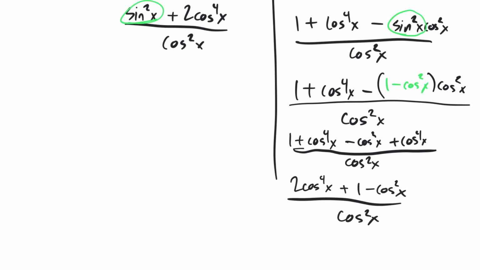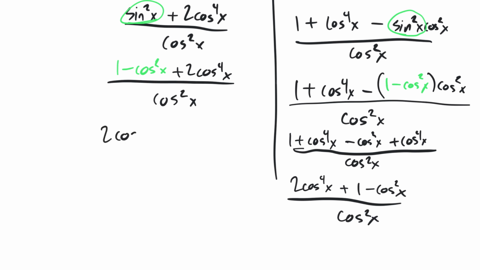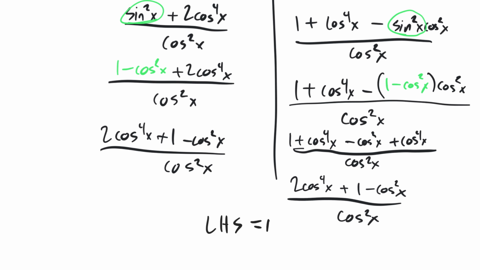So sine squared is 1 minus cos squared. 1 minus cos squared plus 2 cos to the 4x over cos squared. Okay, so now I just write it in the proper order: 2 cos to the 4x plus 1 minus cos squared x over cos squared x. All right, left-hand side equals right-hand side.